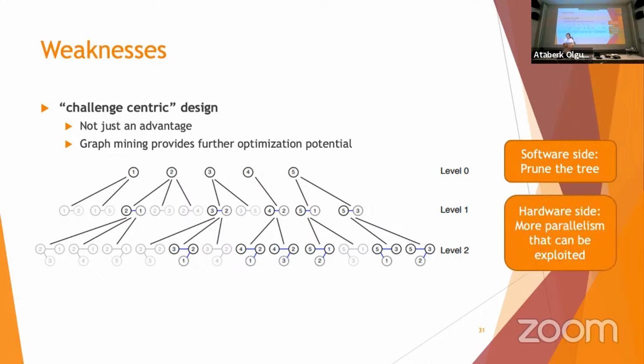And also on the hardware level, there is more parallelism that can be detected. For example, each of the subtrees can be executed in parallel. Sub-branches of subtrees can be executed in parallel. Set instructions could also be split further and then be executed in parallel. So there's much more parallelism, and I think SISA doesn't dig deep enough into the problem of graph mining. There would be further potential.